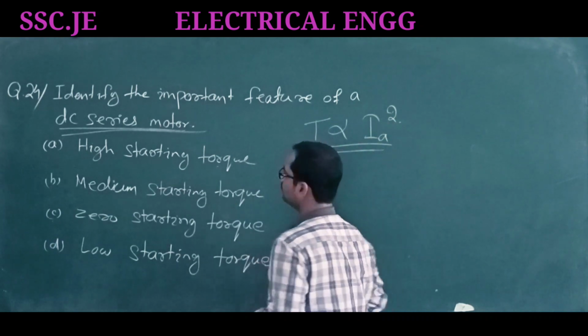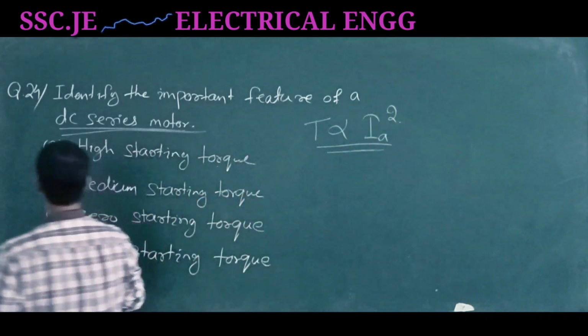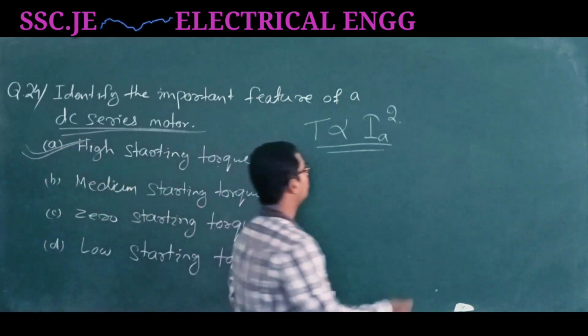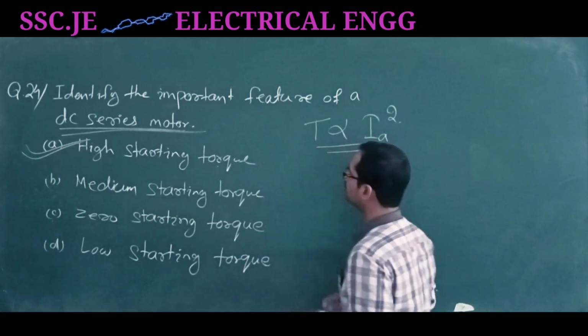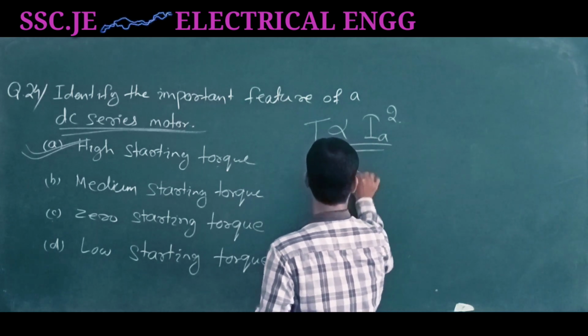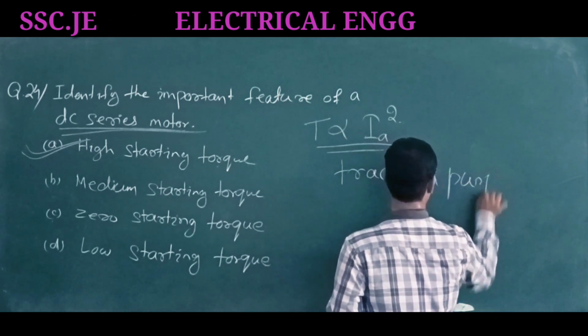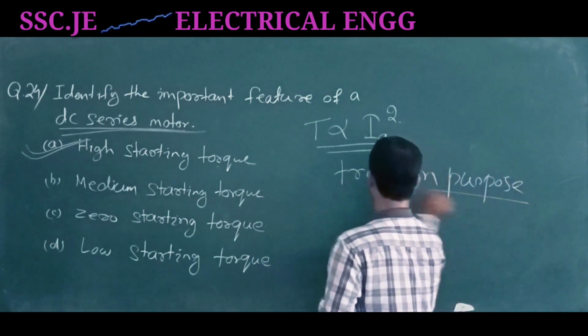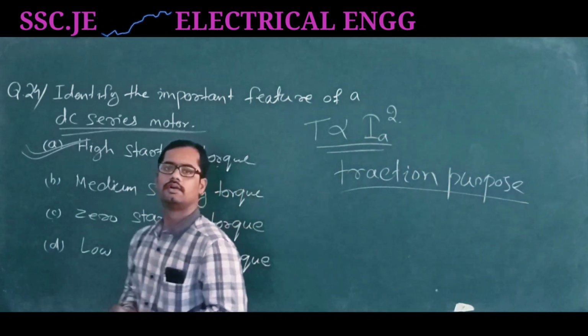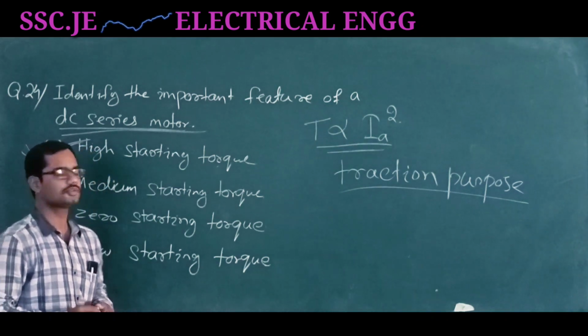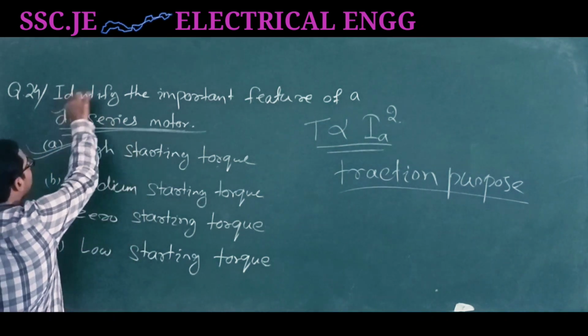So that means it has high starting torque. For this reason, we use the DC series motor for traction purposes. A question may come that for traction purposes, which type of motor is basically used. The answer will be the DC series motor.